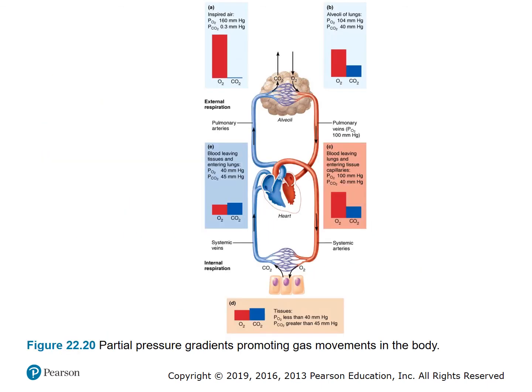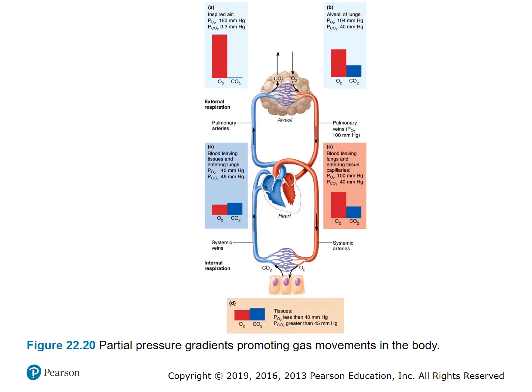Okay, so Figure 22-20 again looks at the partial pressure gradients in different parts of the body that promote gas movements. In A, this is inspired air. If you compare the partial pressure of oxygen versus CO2, 160 versus 0.3. B is at the level of the alveoli of the lungs, so 104 versus 40.